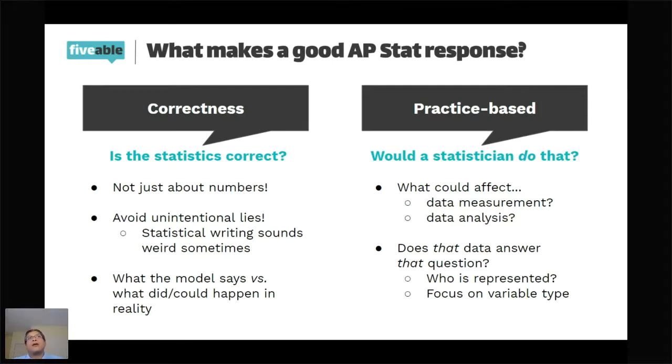So basically, when you're writing a comparison between two things, not only do you need to have the right numbers, but you need to make sure that a statistician would actually do the things you're looking at, whether those practices are correct. Okay. So those are just some ideas I have about writing. If there are no other questions, then I'll also talk about what I mean by that in relation to an actual free response question.